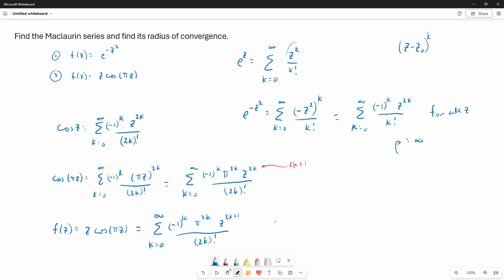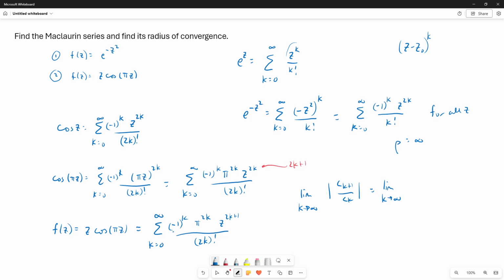Now for the radius of convergence, the ratio test will be nice here. So we will see that this converges for all z by the ratio test. We'll look at the limit as k goes to infinity of ck plus 1 divided by ck in modulus. This limit is going to be 0 for any z, which means the series will converge for any z.